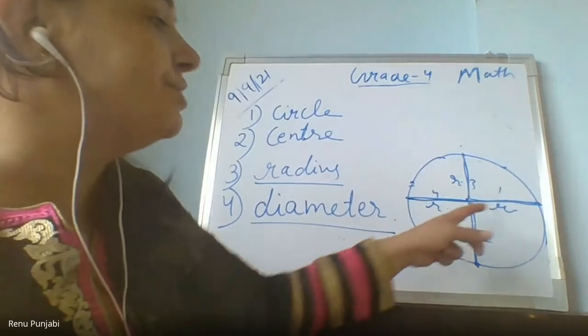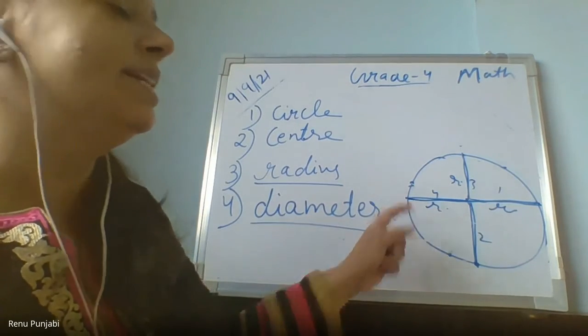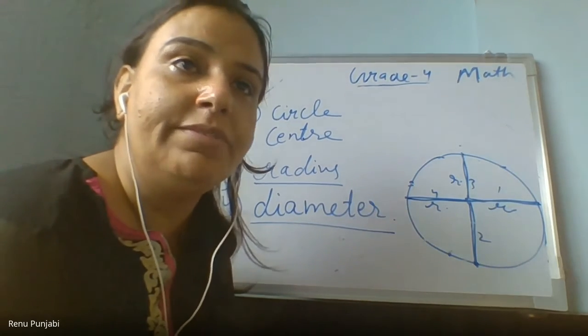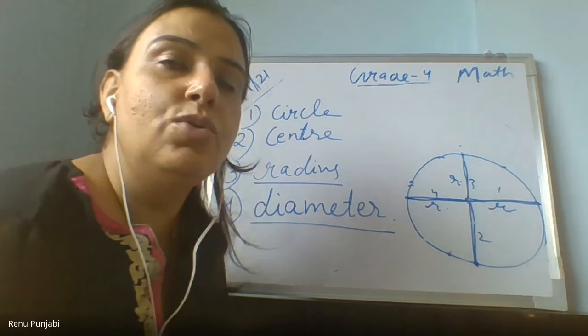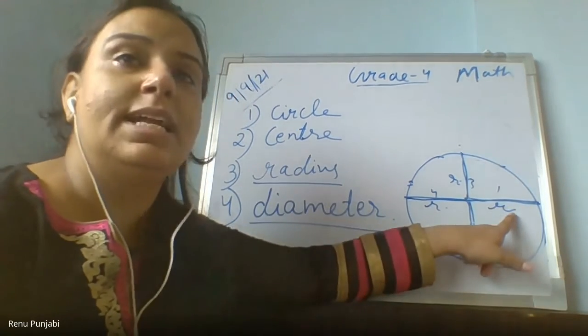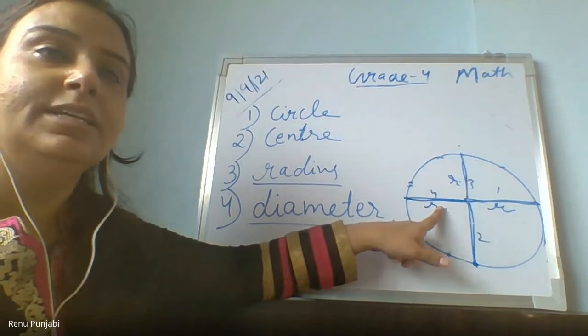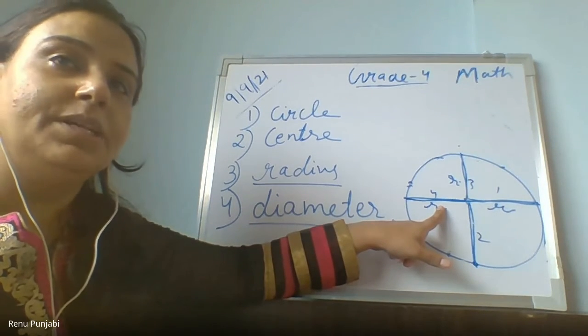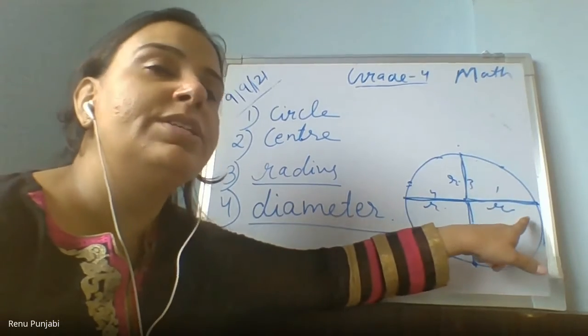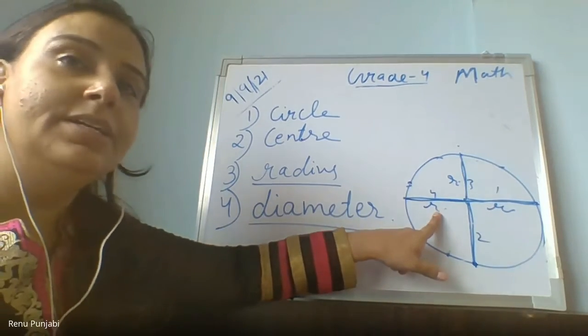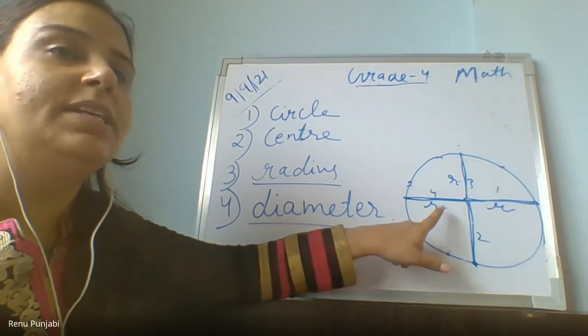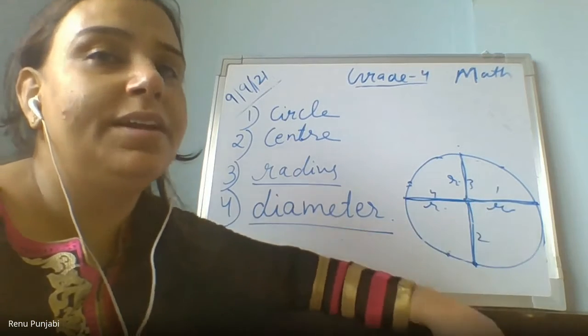So what have you observed here? 2 times radius makes the diameter. Got it, everyone? 2 times radius. If the radius is 3 centimeter, the diameter will be 6 centimeter. If the radius is 4 centimeter, the diameter will be 8 centimeter, because the diameter is double the radius.